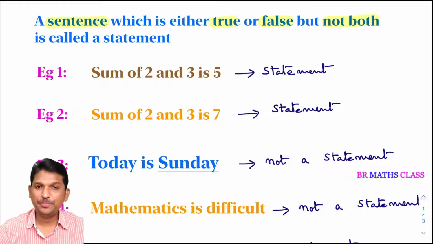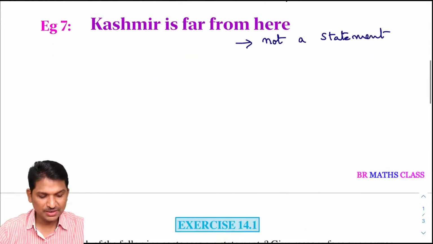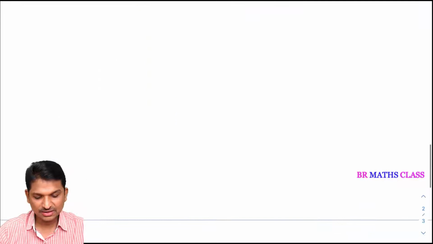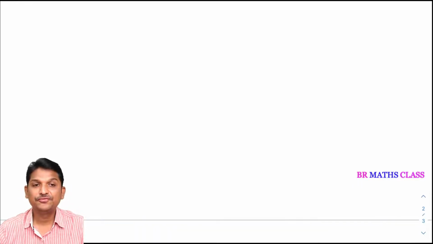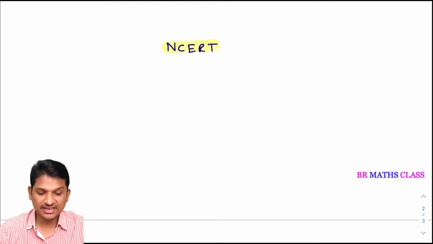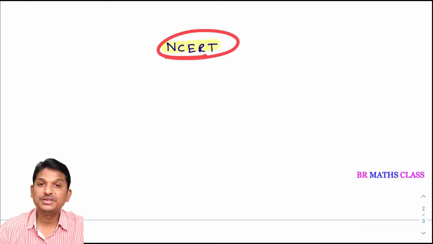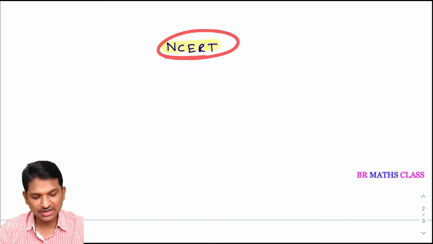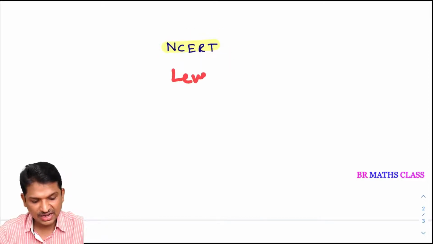I'll tell you the pattern I'm going to use to complete this chapter. The basic idea is, first I'll complete the NCERT textbook, the exercise problems and miscellaneous exercise, all of it. After that, level 1 problems.